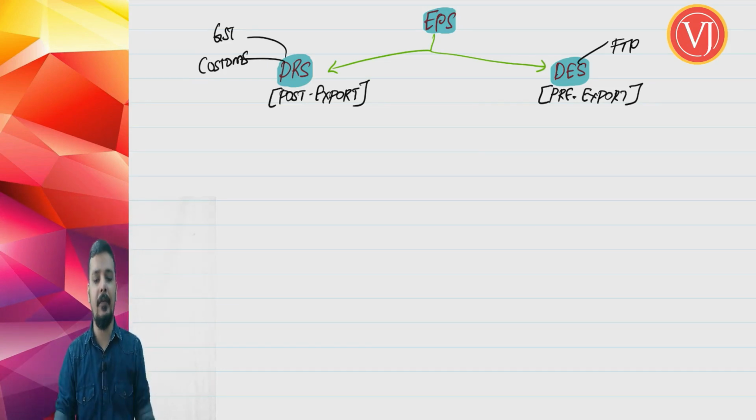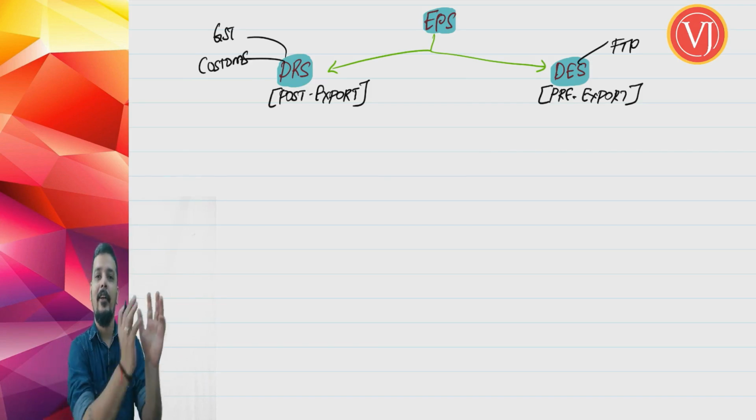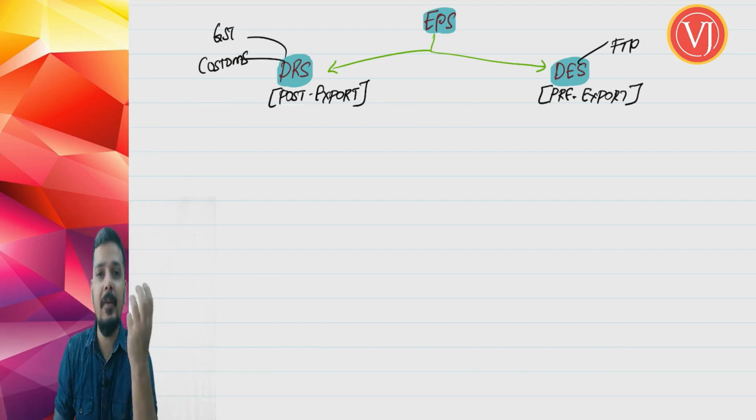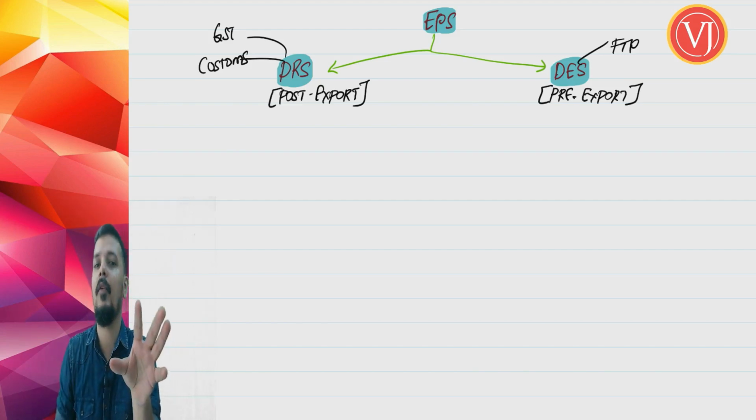The way they operate is different, and the most important thing I want you to understand is that all three laws are connected: GST law, customs law and foreign trade policy. Policy matters of import and export are always decided by the foreign trade policy.